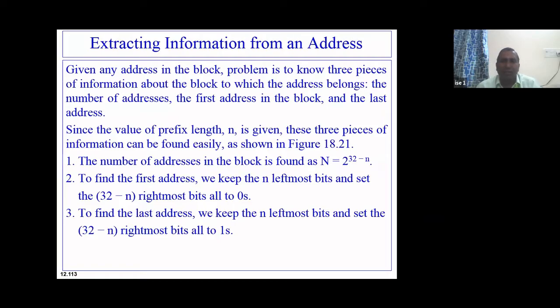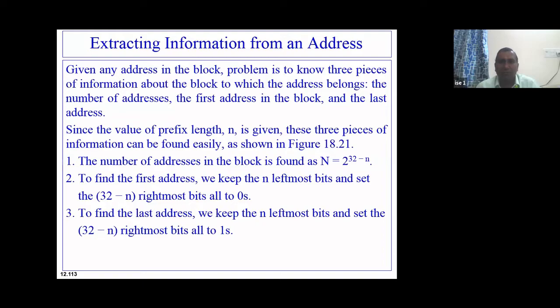Assuming that our prefix is of length n, we can always get three types of information, and that will be shown in the figure. So the number of addresses in the block can be found.